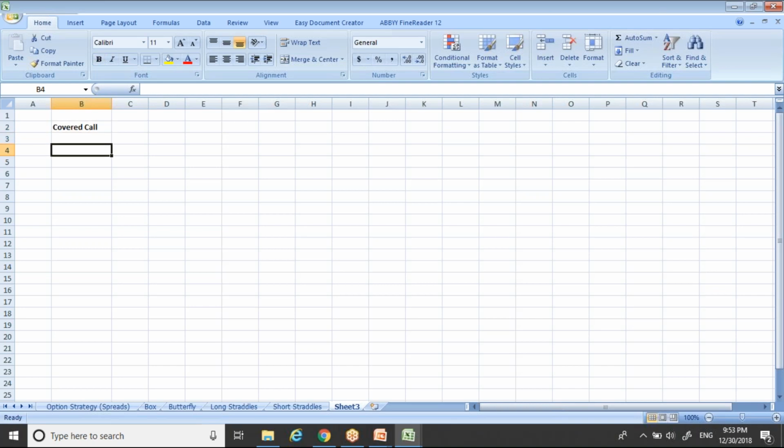So covered call, what we do is we buy stock. Let's suppose the price is 1000, and we sell call, and the strike price we are taking is, let's say, 1050.